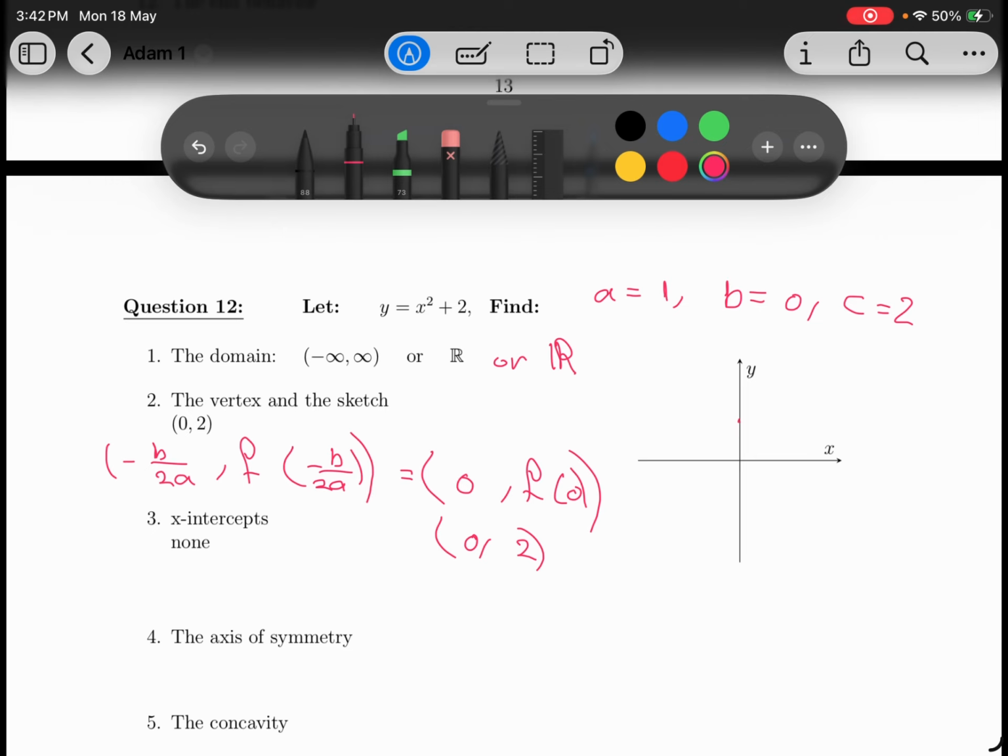It lies on the y-axis and it opens up like that. And again guys, this sketch is just to guide me. I don't care here about accuracy.